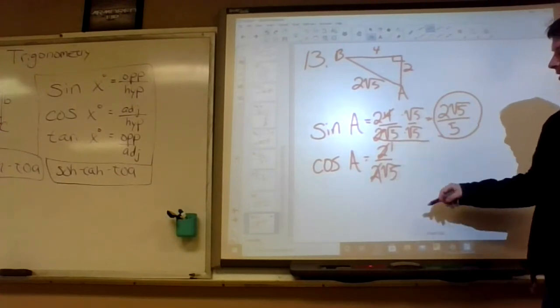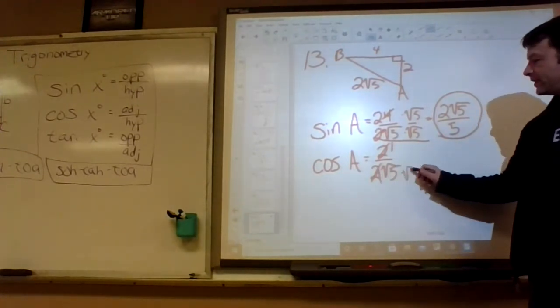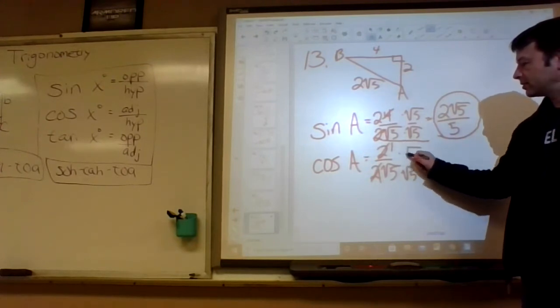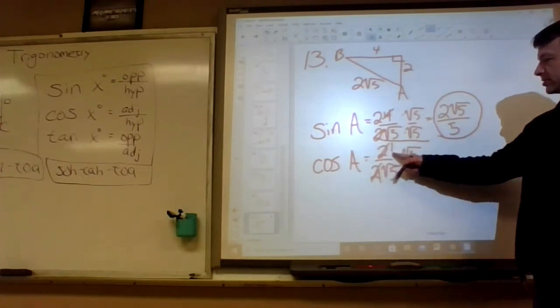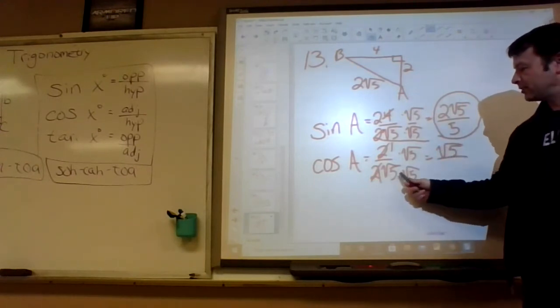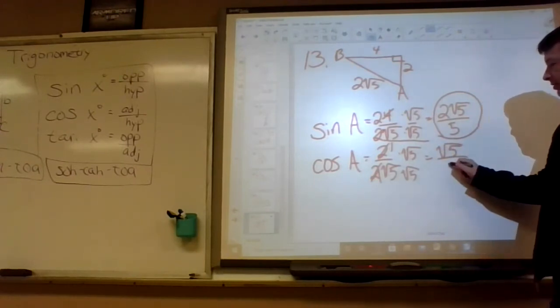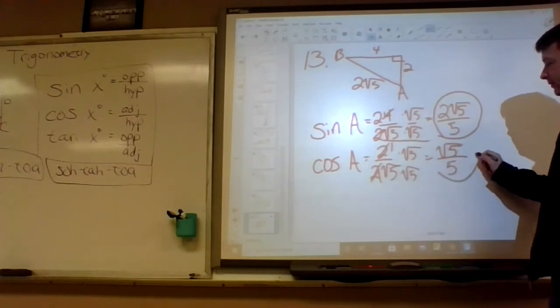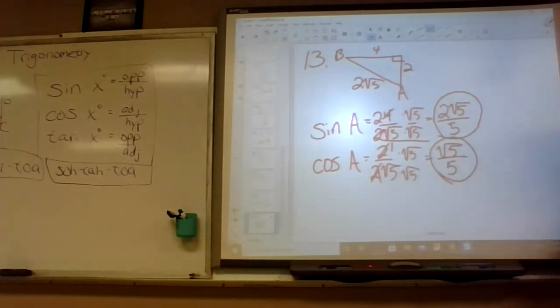We need a 1 for the top. And then you multiply by square root of 5. So we got 1 square root of 5 over square root of 5 times square root of 5, which is normal 5. When you square a square root, the square roots cancel out.